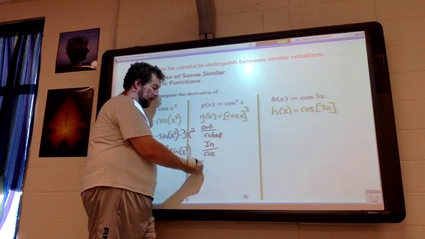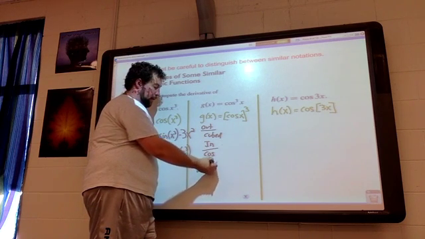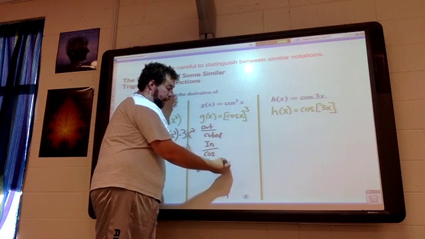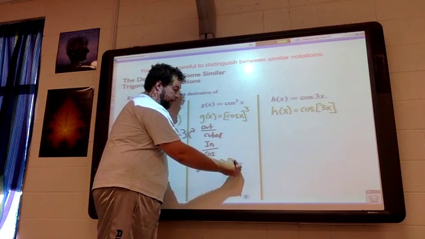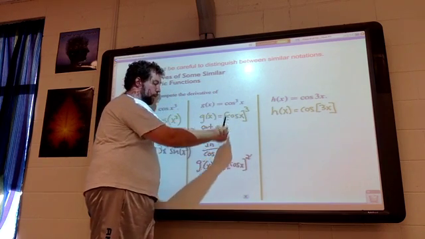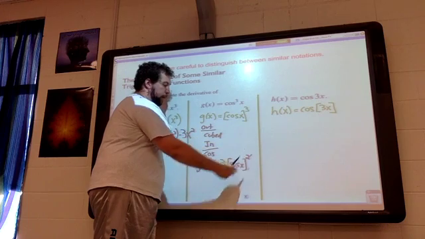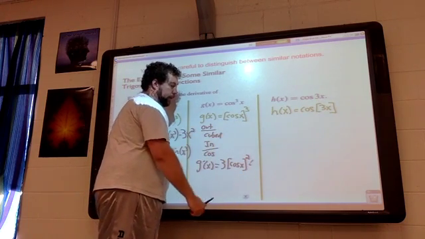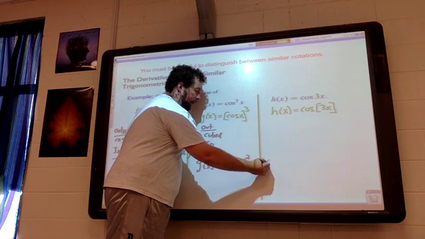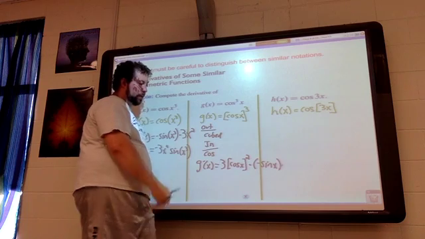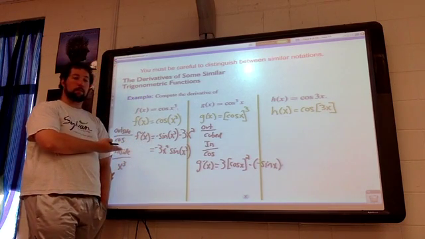So when I do my derivative here, the outside is the cubed part, so it's going to be 3 times the cosine squared, because the 3 comes down, 3 minus 1 will be 2, times the derivative of cosine, which is a negative sine. See how that's different than the previous problem.